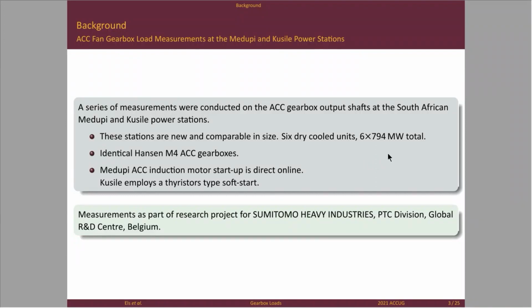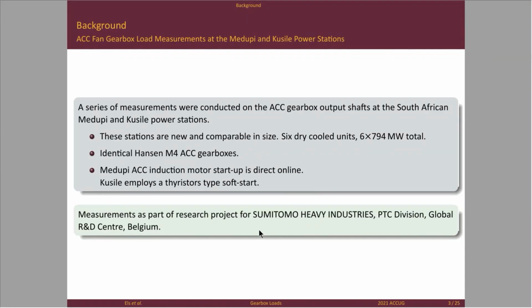It has identical Hansen M4 ACC gearboxes, and the big draw card for us was that Medupi has a direct start online, and Kusile has a thyristor type soft start. So here we could compare very well the difference between the two systems.